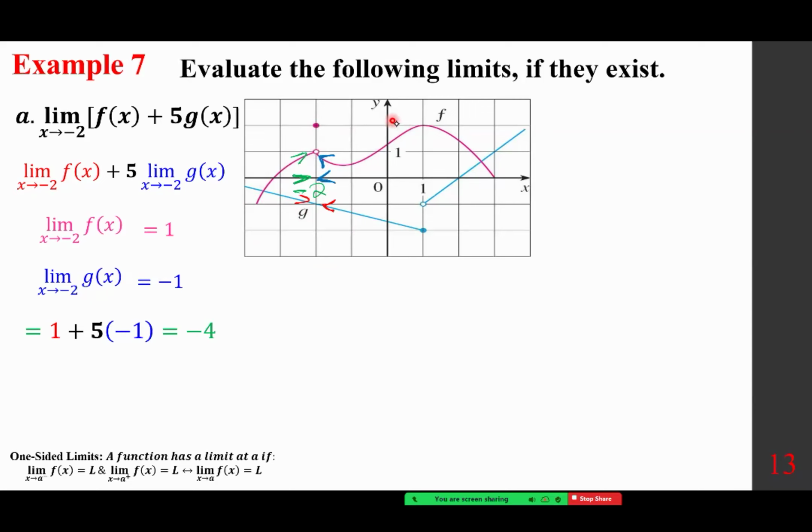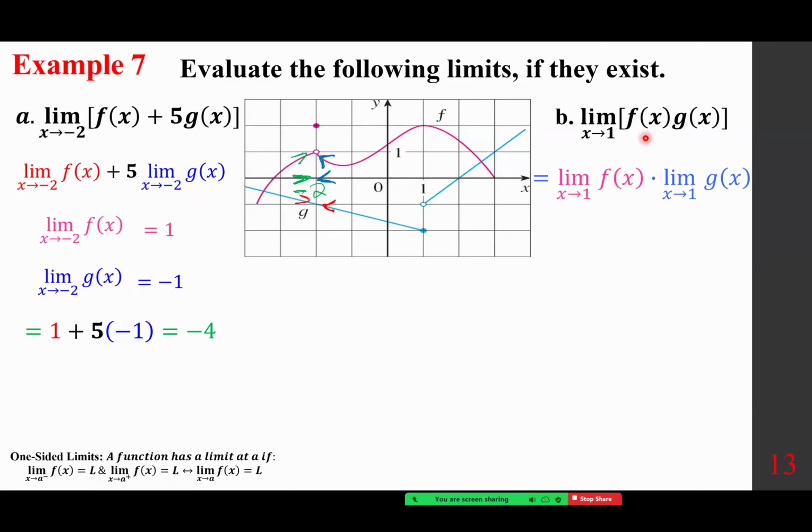Don't mix them up. The limit of f of x times g of x as x approaches 1. We separate them into two limits. The limit of a product is the product of the limits, and we look at each case. X is approaching 1.